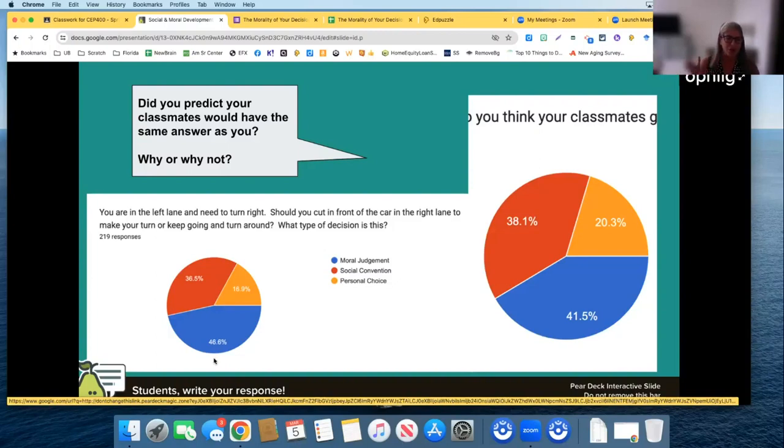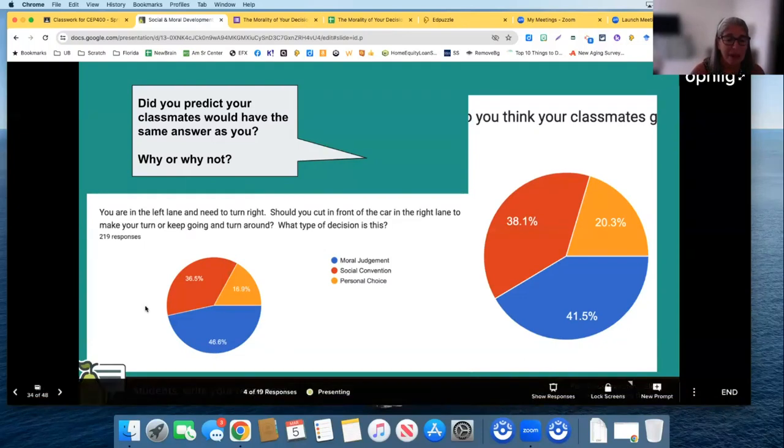I'm just going to ignore them and do what I need to do. And what happens if you're that other person and someone cuts you off? You feel angry because you think it wasn't right for them to cut you off, because they were inconsiderate of you. So that would be either a moral decision, or a social convention, like it's not acceptable to cut people off.